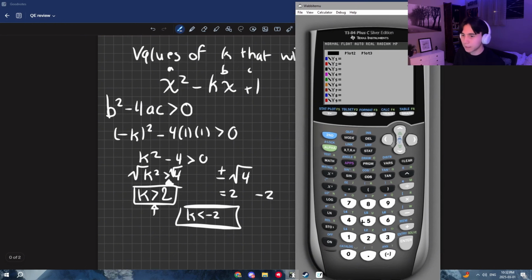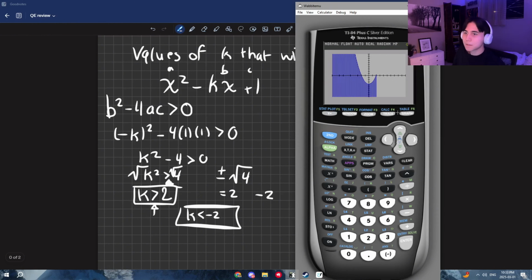So we have k squared, or in this case, we're going to write x squared. So x squared minus 4. And since it's greater than 0, we're just going to say y is going to be less than. So you don't have to know how to do this. This is a visual.